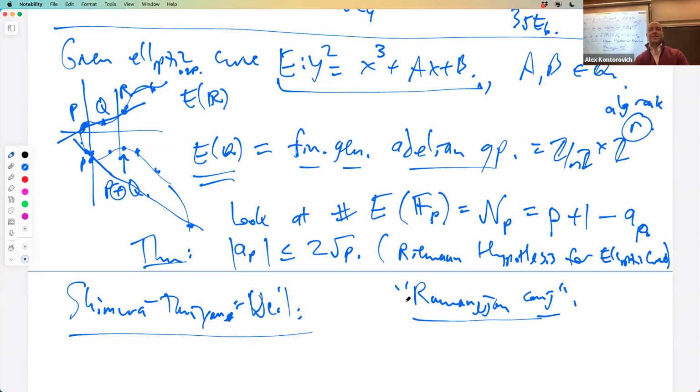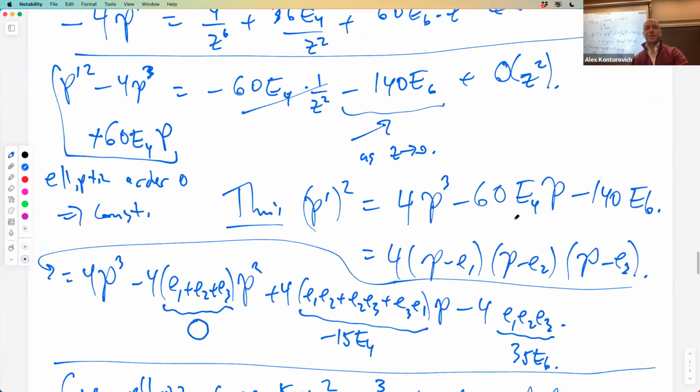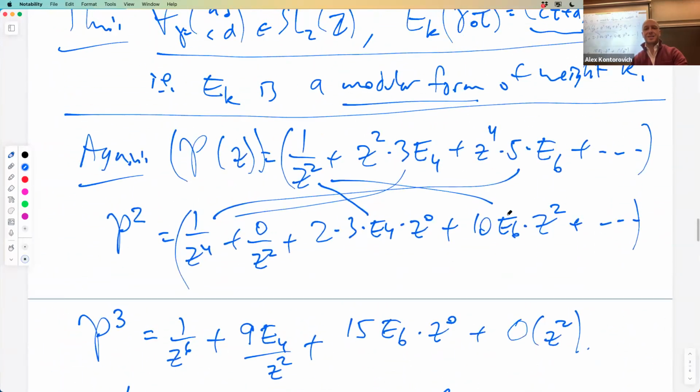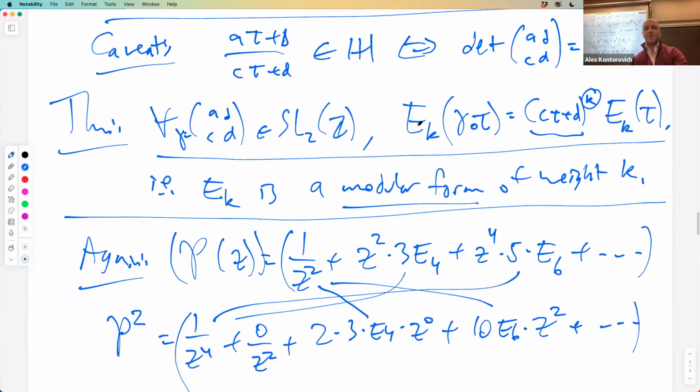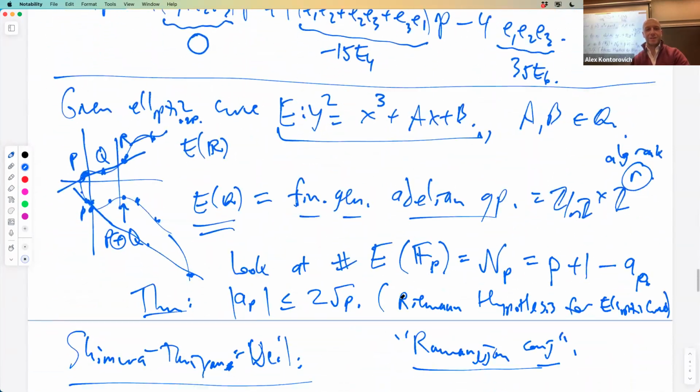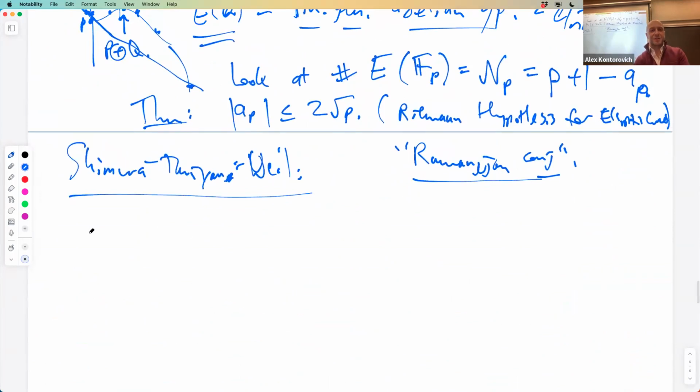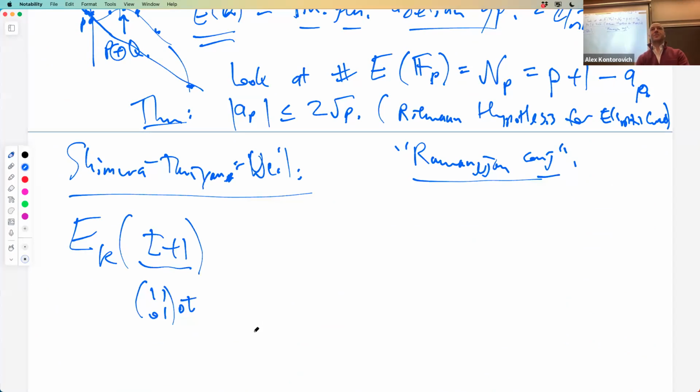Weil conjectured that, okay, we haven't talked about the coefficients of the Eisenstein series. I don't have time to, let's take one little detour. Let me come back to this for just a second. So this Eisenstein series, if I replace tau by tau plus 1, that corresponds to the matrix 1, 1, 0, 1 acting on tau, right?